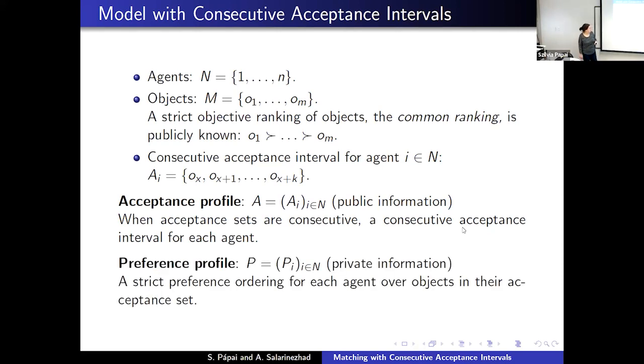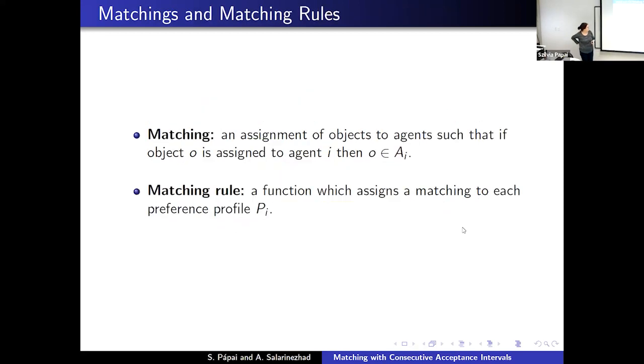And we also have a preference profile, which we consider private information, and it's a strict preference of each agent over the acceptable range. So basically, it's a reshuffling of the acceptance profile, right? The preference profile. Reshuffling? Oh, you mean, yeah, it's an ordering over, yes. That's what you mean, yes.